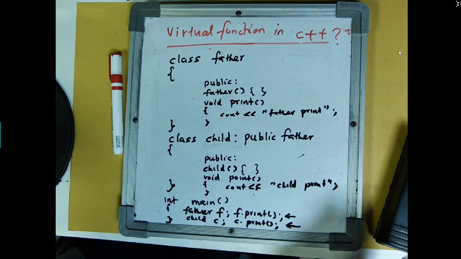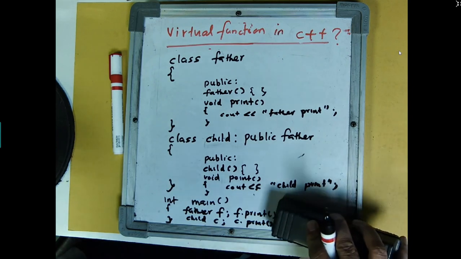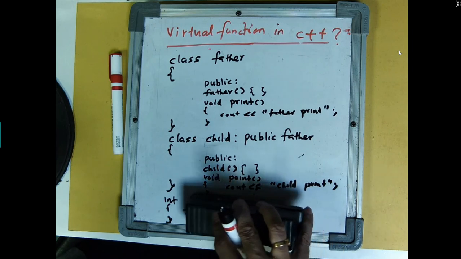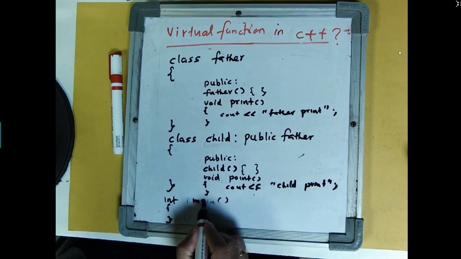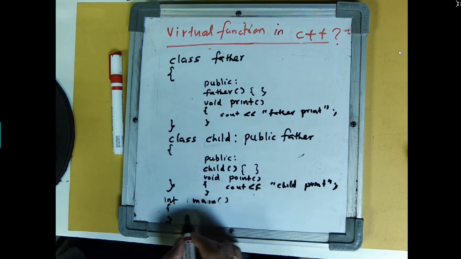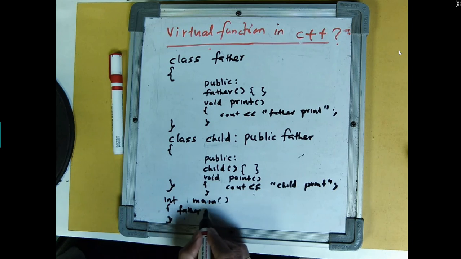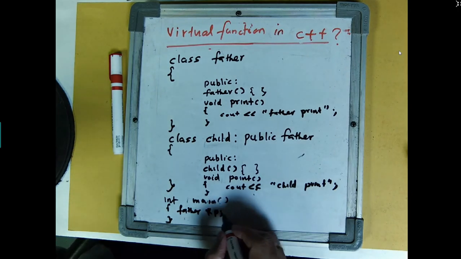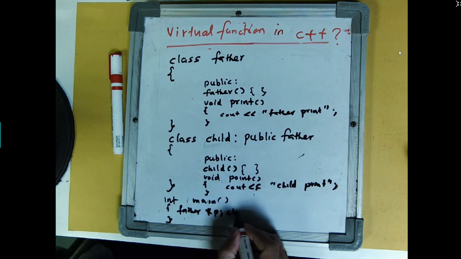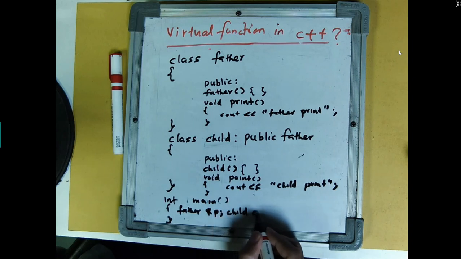Now let's take a more complicated case. Let us consider a main function in which I have created a pointer to father as p, and I have also created child c.